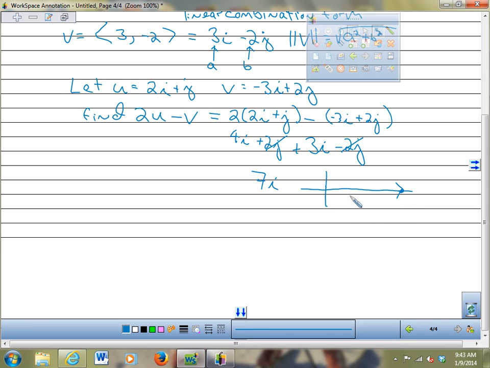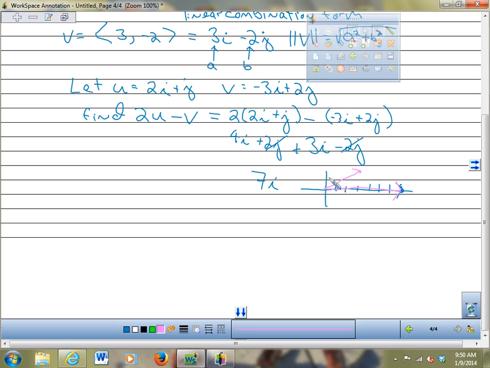Which means this is equivalent to a vector that is just going 7 units in this direction, right? If this is 1, 2, 3, 4, 5, 6, 7. Get that? Okay, so if I were to draw in this vector here, the 2u minus v would look something like that. Now how would I represent that? Well, I would take a vector that is 2 times (2i plus j), so that would be 4i plus 2j. So if I went over 4 and up 2, you don't have to, but that's kind of graphically what it represents.